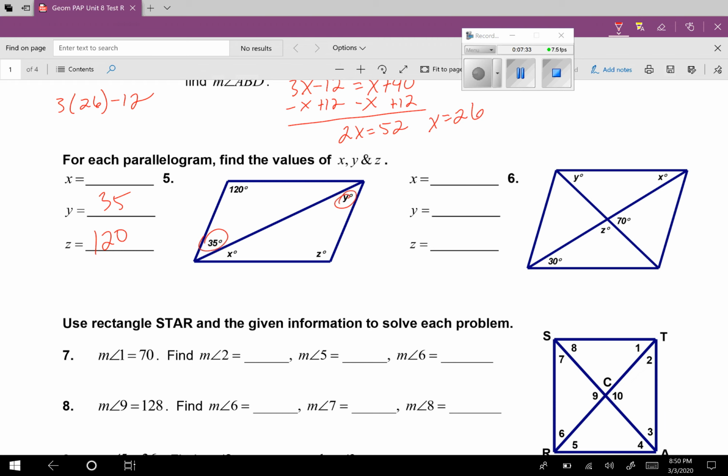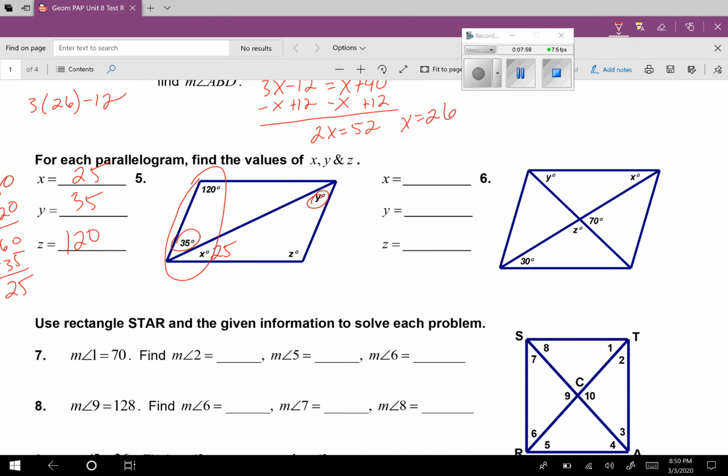And then to find x, I know that these two corners have to add up to 180. So I'll do 180 minus 120, which is 60, and then take away that 35, and so that's 25. So x has to be 25.